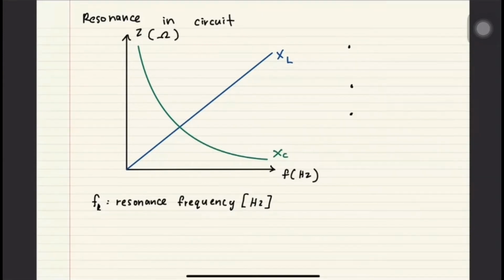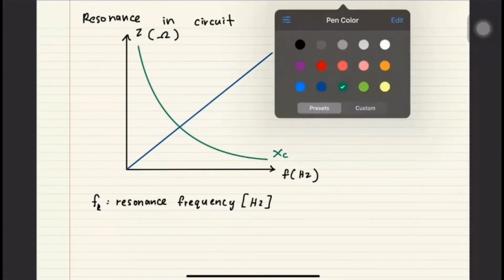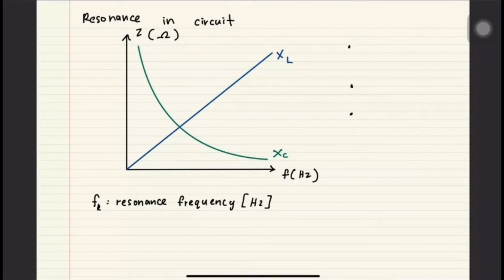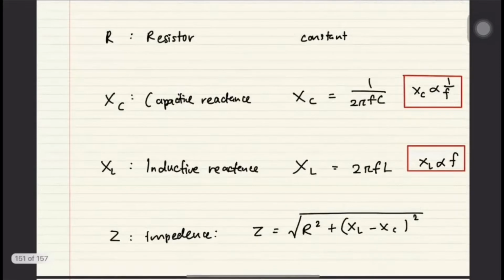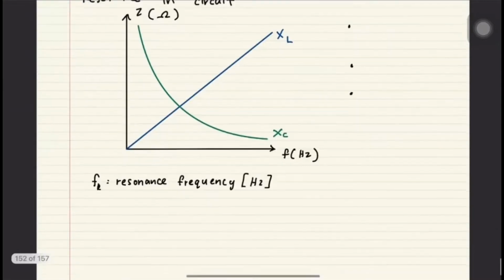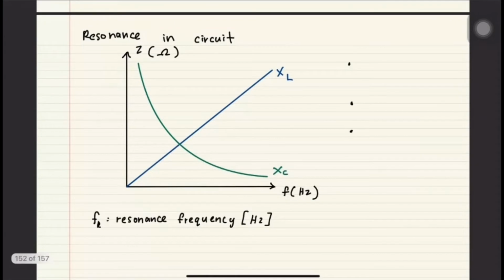Okay, the resistor, does it change with the frequency? Berubah tak dengan frequency resistor? Constant maksudnya berubah ke tidak? Tak. Tak, kan? So kalau dia tak berubah, maksudnya kalau dalam bentuk graph, dia akan jadi a straight line. Okay?